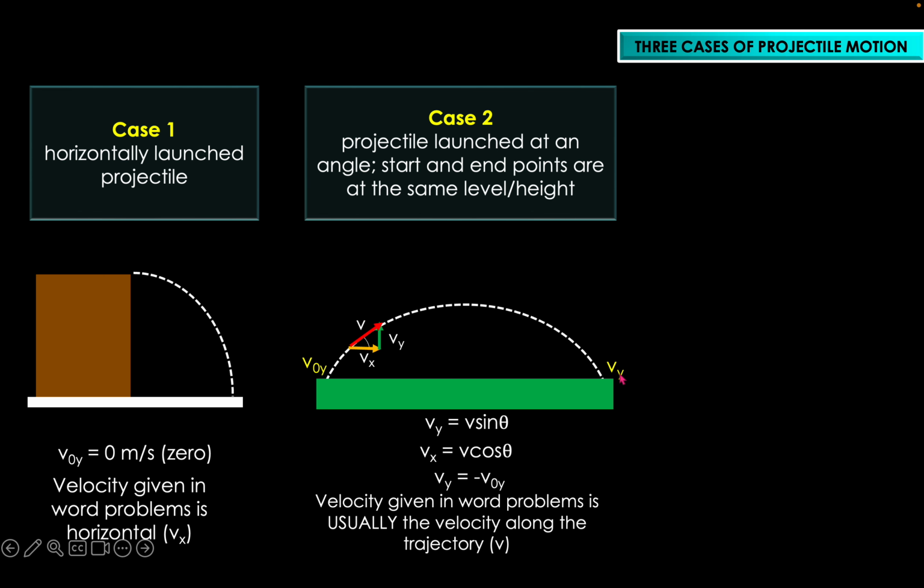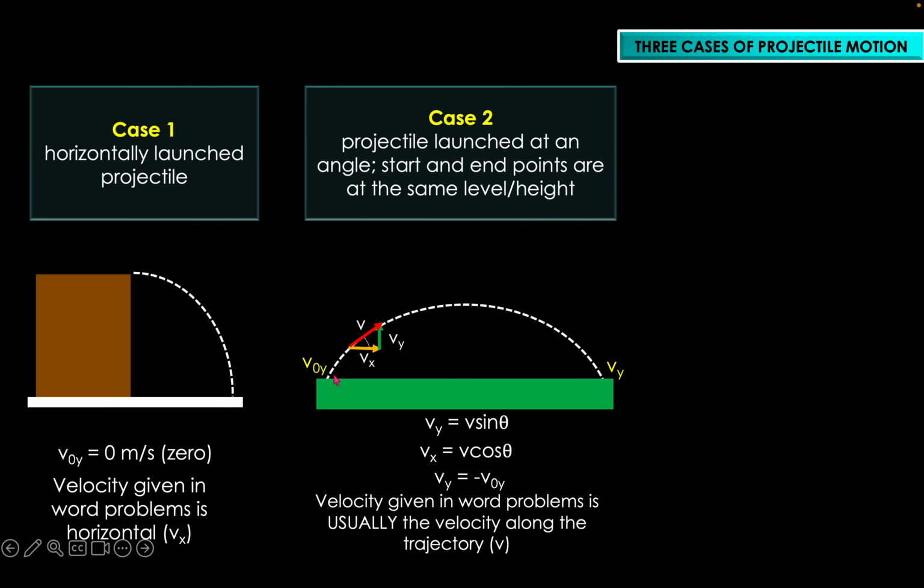If you know the initial vertical velocity, as long as it's case 2, with the same starting and end point level, they're going to be equal in magnitude. So that's a quick way to deal with that kind of question rather than actually solving. That's an important tip to remember.